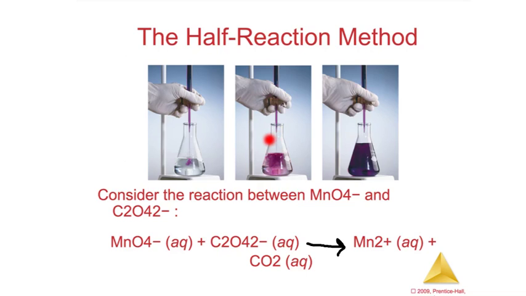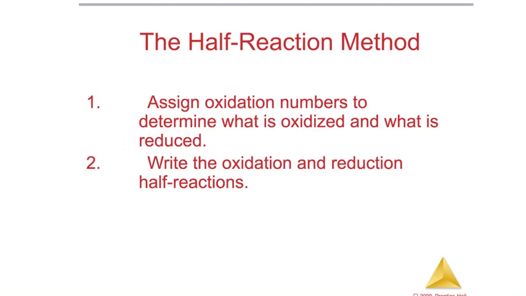Once all of those oxalate ions have been consumed, if you continue to add the permanganate, the solution in the flask once again becomes that dark purple color, since now we have an excess of the permanganate ion.